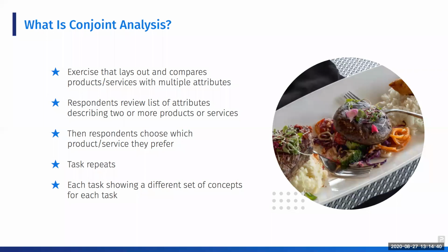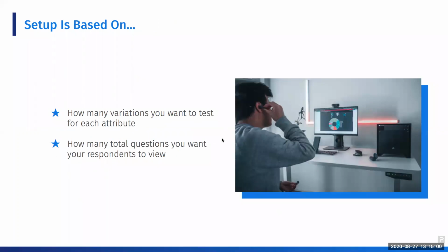Think of the varying features as the independent variable, and the preferred products and services by these respondents, or by your target audience, represent the dependent variable. And as far as setting that up, that would be a lot. A lot of it would be based on the variations that you want to test for each attribute, as well as how many times, as well as the total questions that you want your respondents to view.